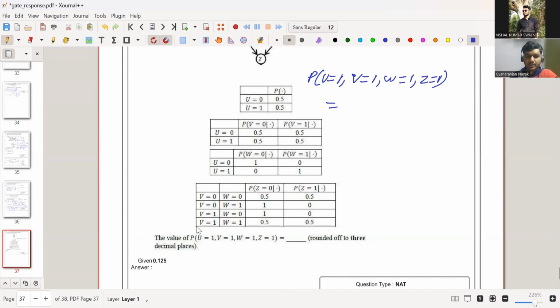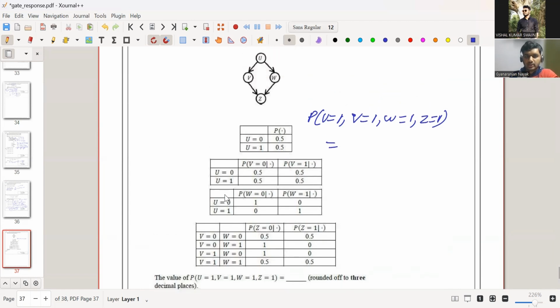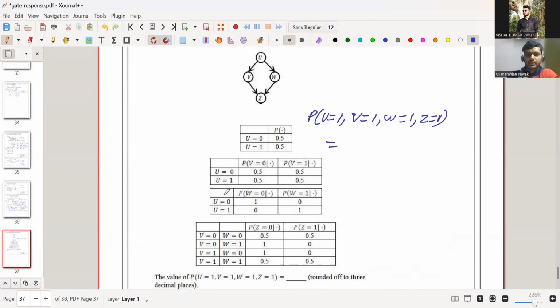First we notice here that v depends upon the u and w also depends upon the u. So p of u equal to 1 does not depend upon anyone, into p of v equal to 1, which will depend upon the u.